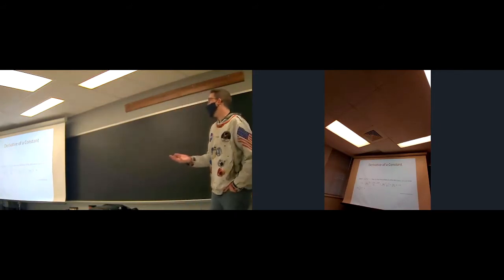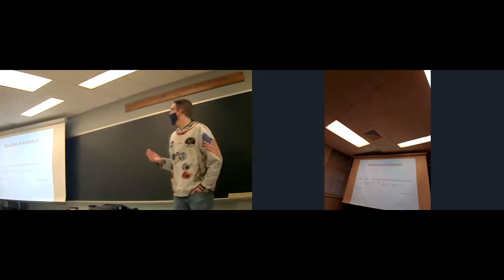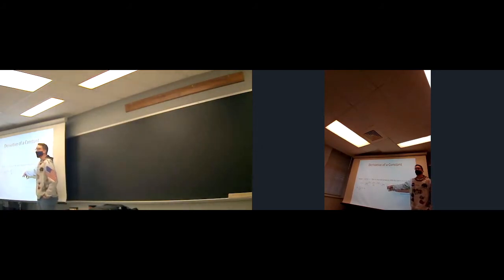So to start off with, the derivative of a constant. Let's say we've got a function equal to a constant. Well, it doesn't matter where we're at along x, our function will always be that same value, right? So f of x and f of x plus delta x are always going to be c. So just from that alone, we're going to get c minus c, or 0, over delta x.